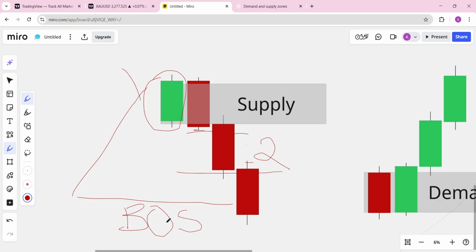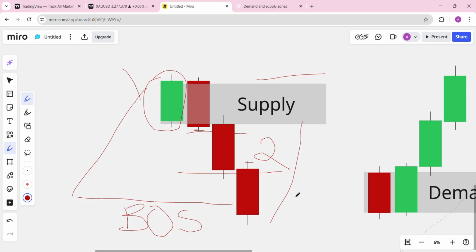And you want to see a break of structure. Once you have these three things together, you have a great supply zone. So the moment the price returns to this place again, you can put a sell order, put your stop loss a little bit above, and ride the market to the downside.